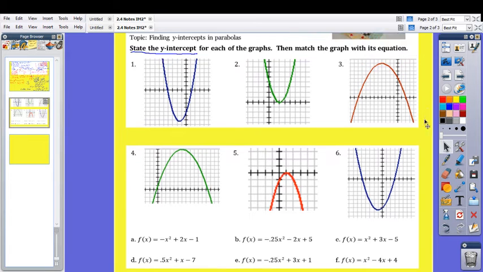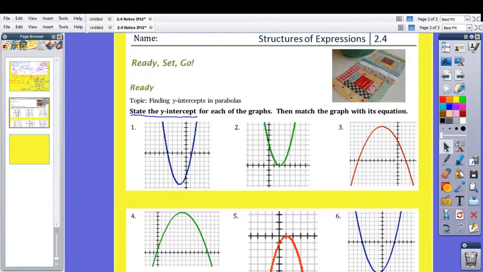So the idea is we will be using the fact that for the y-intercept, x is always 0. Why? Because this is your y-axis, and for your y-axis, look how for all of them here x is 0.